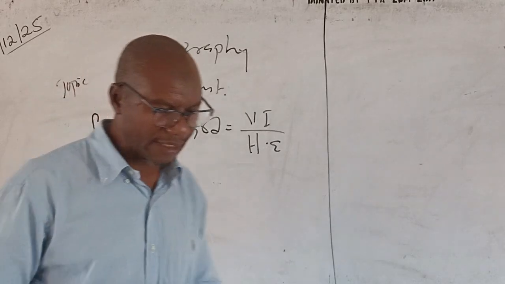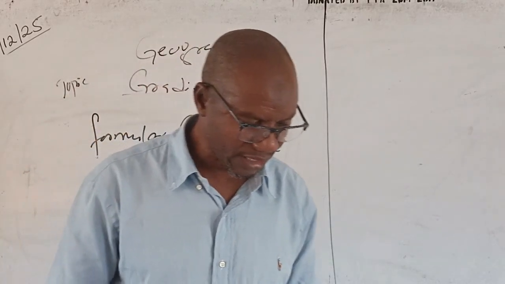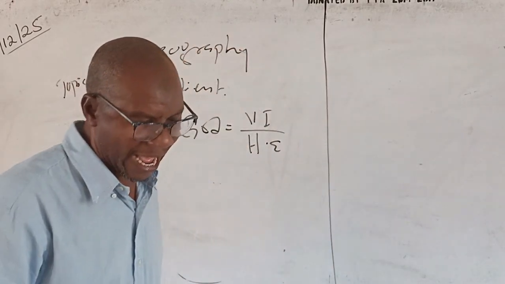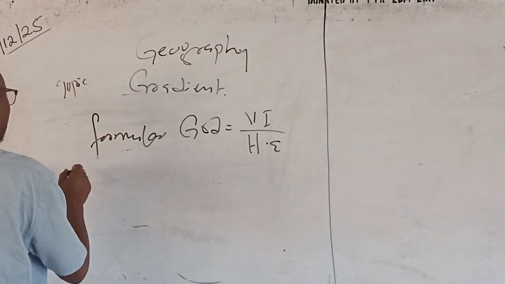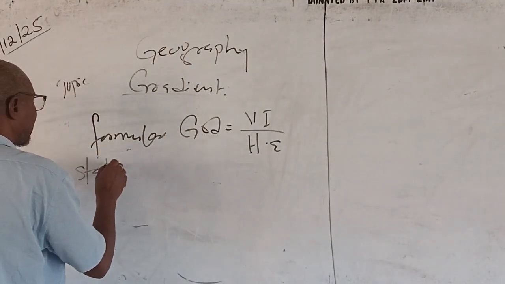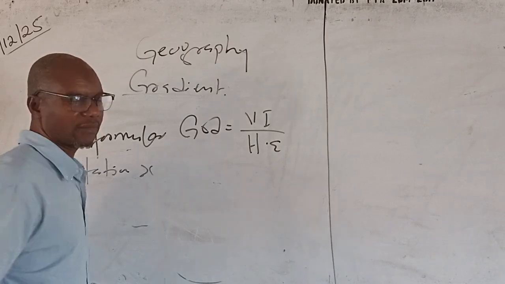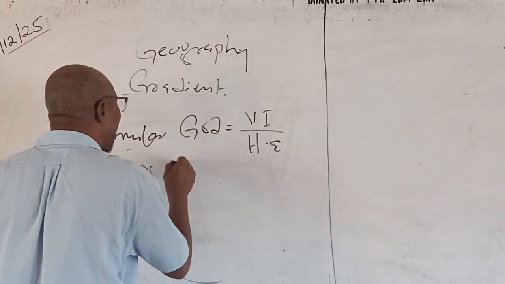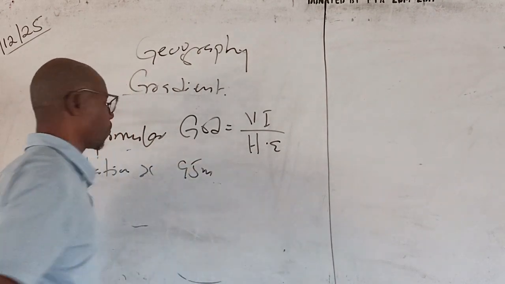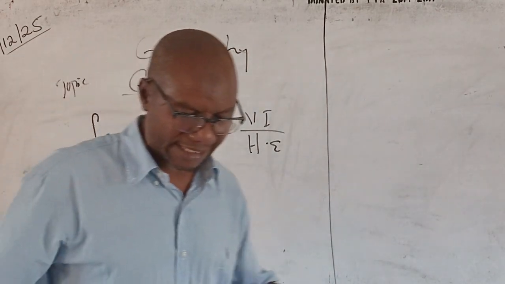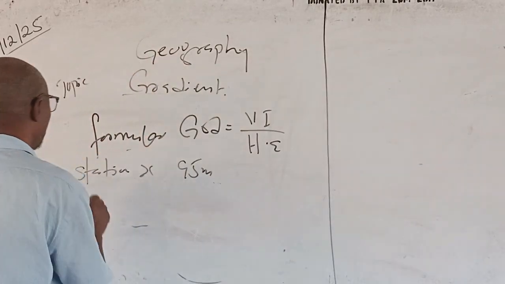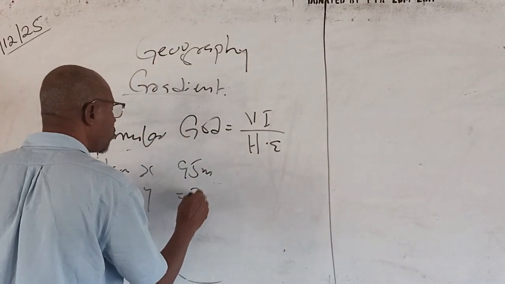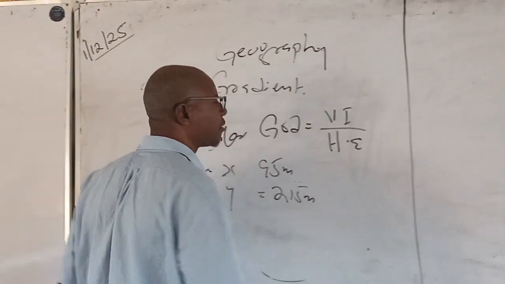Now, let's do this exercise. The height of station X is about 95 meters, against station Y at 215 meters.